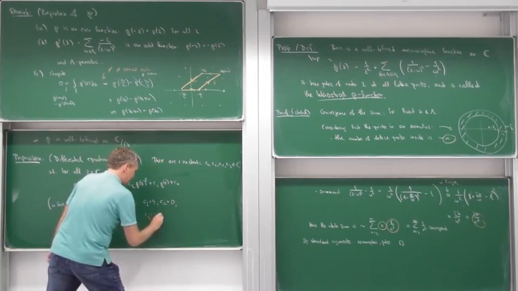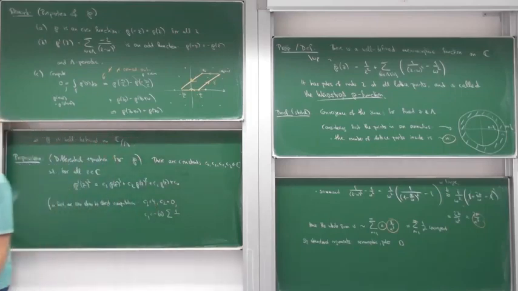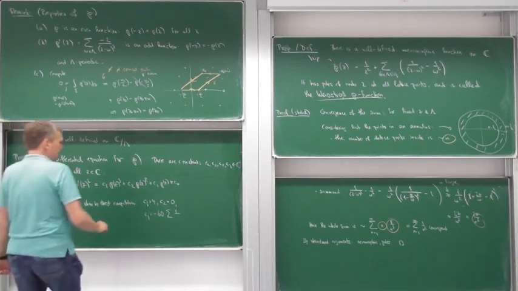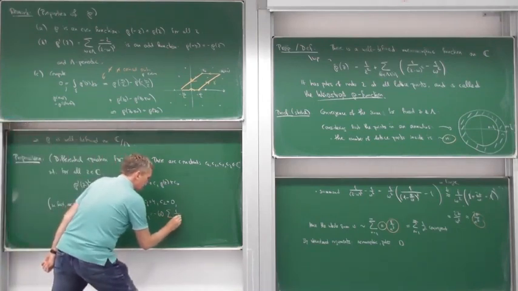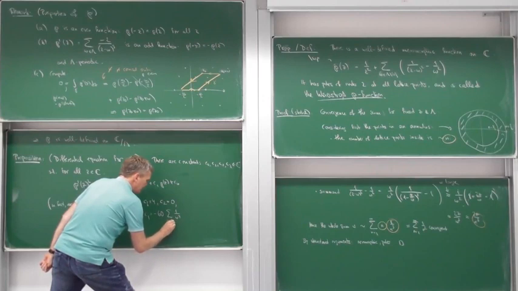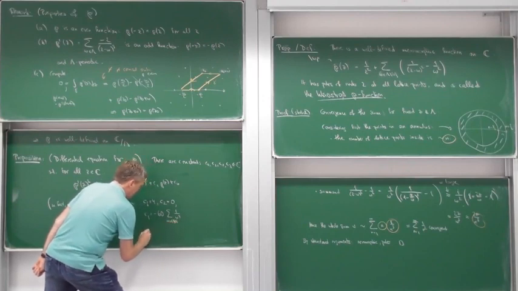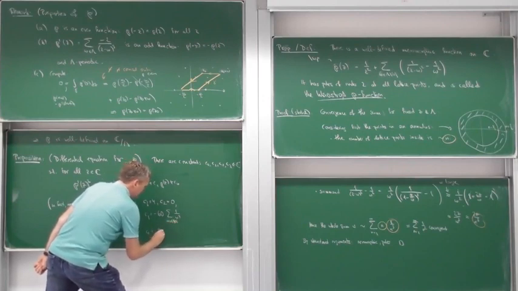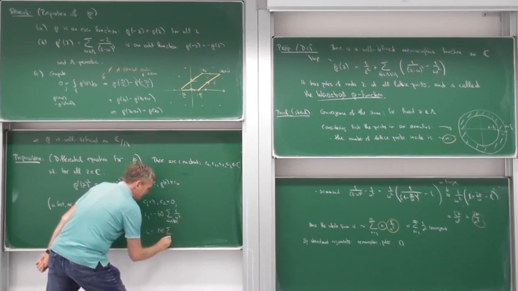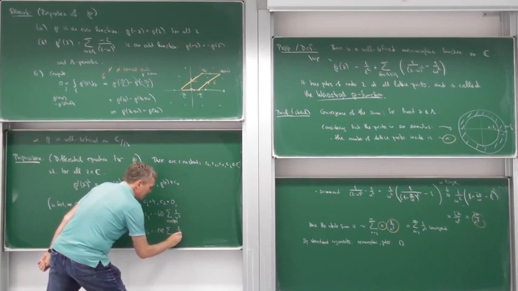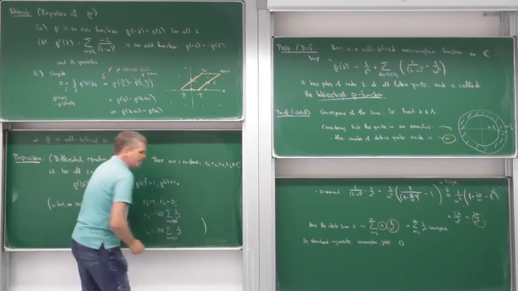C1 was minus 60 times the sum over, I have to look this up, 1 over omega to the power 4, where omega runs over the lattice without 0, and C0 is minus 140 times the sum over all omega in lambda without 0 of 1 over omega to the 6. So as I said, it really doesn't matter for us.